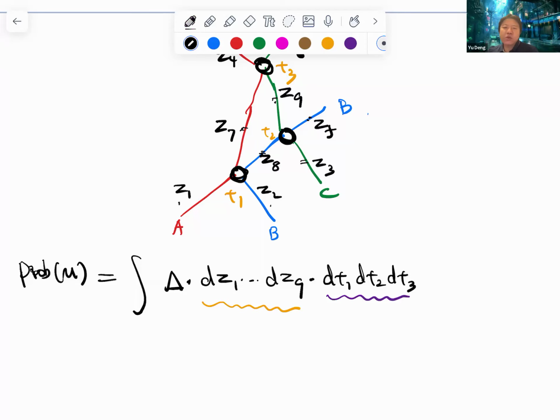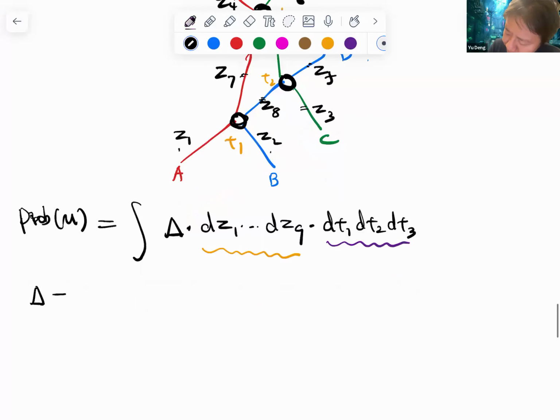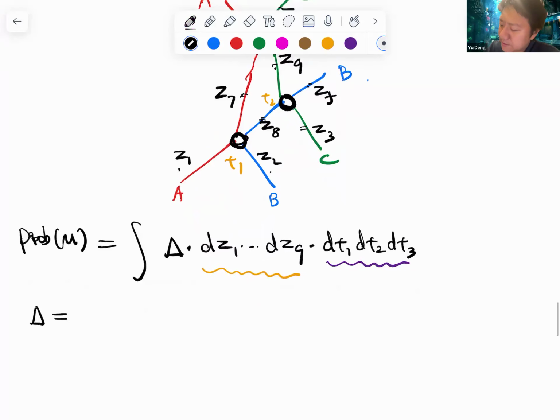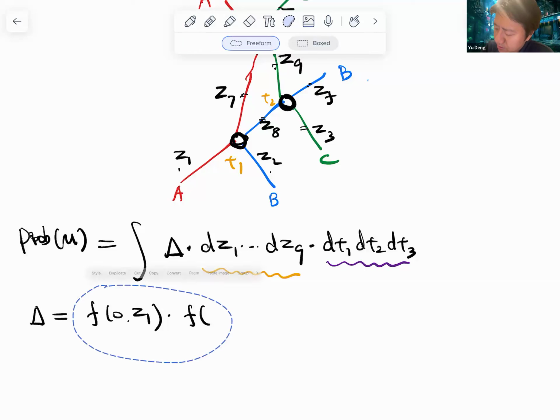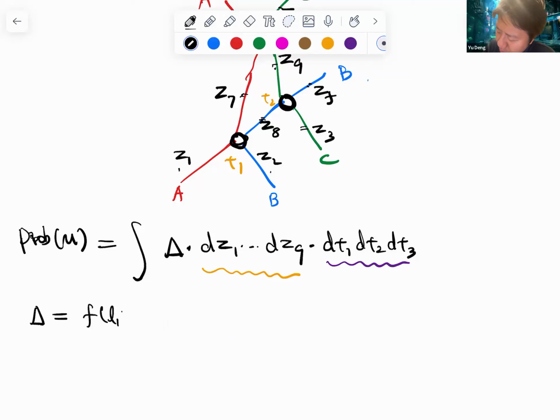First of all, you have your initial data, your input data, which is basically f L1 tau z1, f L2 tau z2, z3.